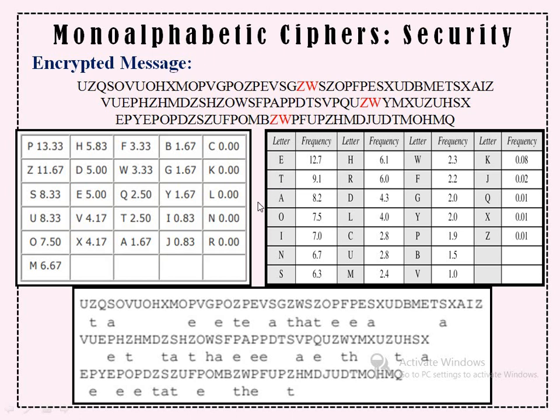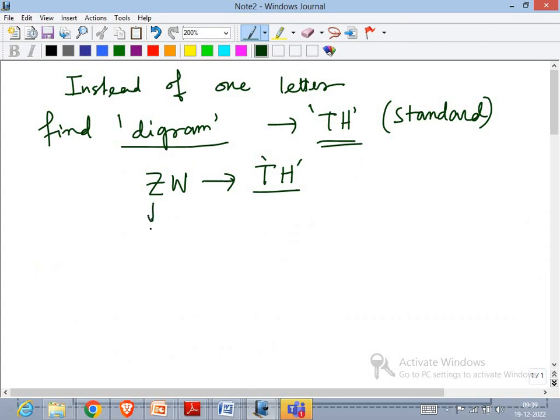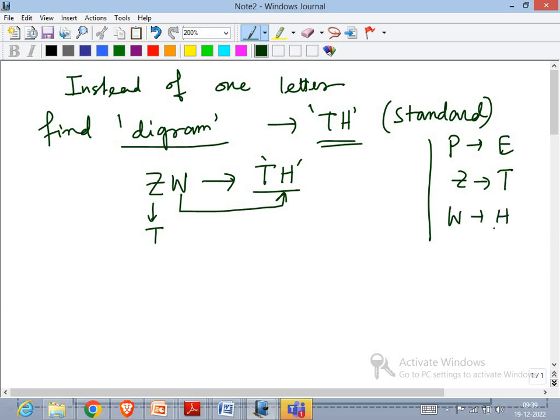So you have already assumed this as T. So definitely your W is mapped to H. So whatever we have observed so far, P can be replaced by E, Z can be replaced by T, and W can be replaced by H. So we have at least got three of the notations.